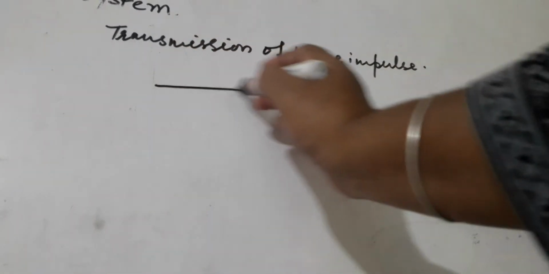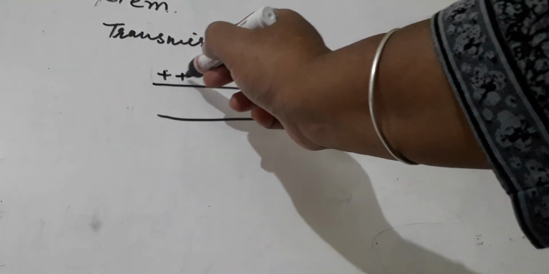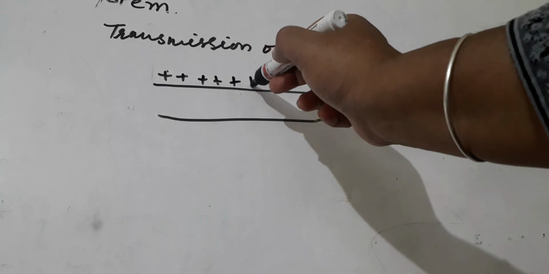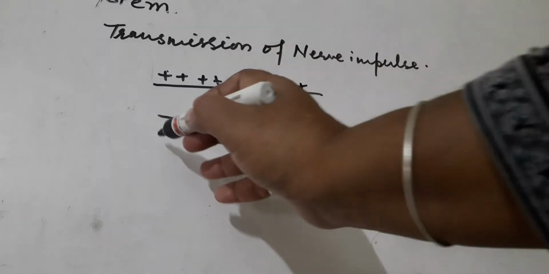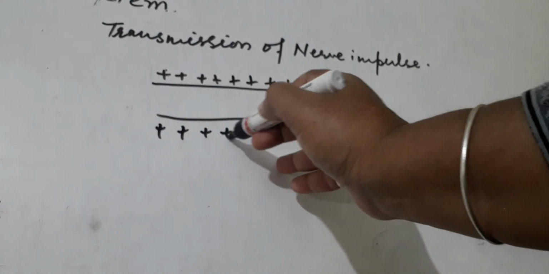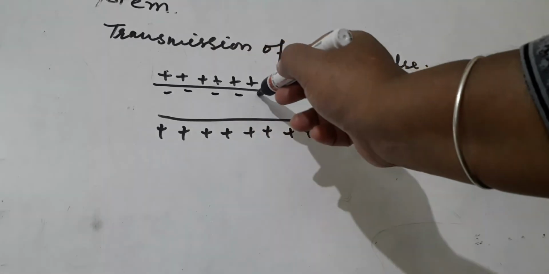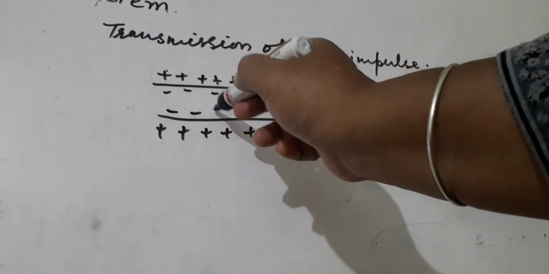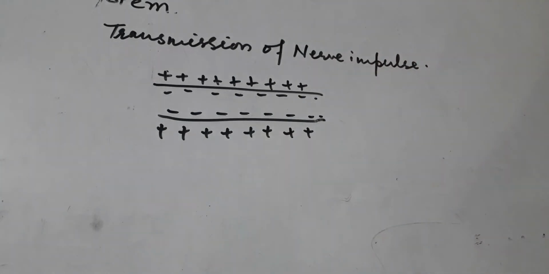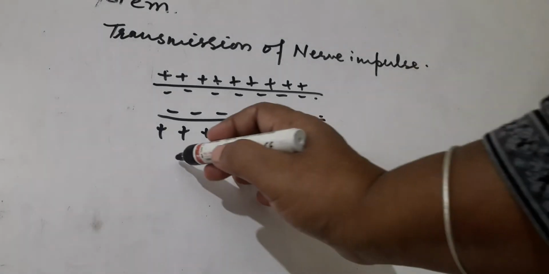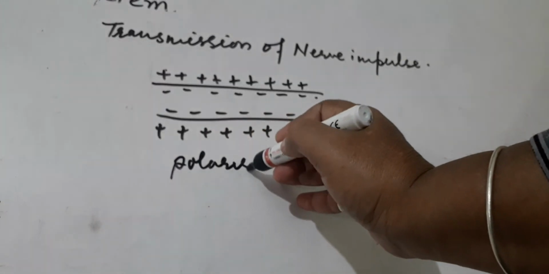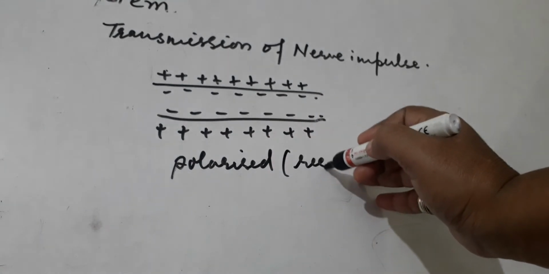In the normal condition, outside the membrane there is sodium ion, that is a positive charge ion, and this stage is known as the polarized stage. The inner side of the membrane has negative charge, because positive is balanced with negative charge. This is known as the polarized stage, or we can say the resting stage.